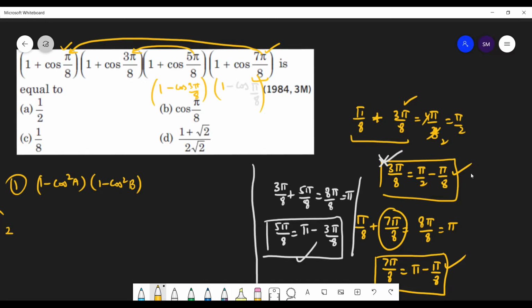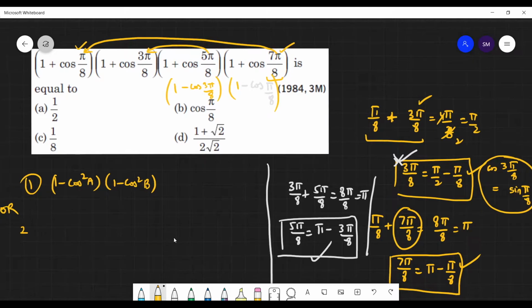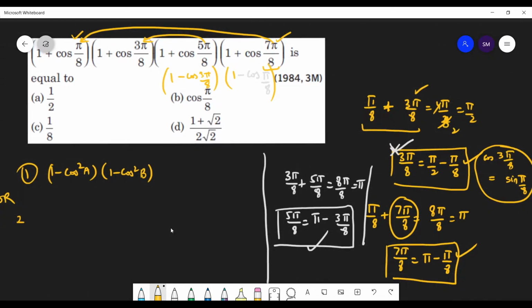So cos of 3 pi by 8 will be equal to, so cos of this, 90 means cos will be changing to sine, and sine pi by 8. So first quadrant is positive, so that's fine. So sine pi by 8. So students, if you change this, cos 3 pi by 8 is equal to sine pi by 8.